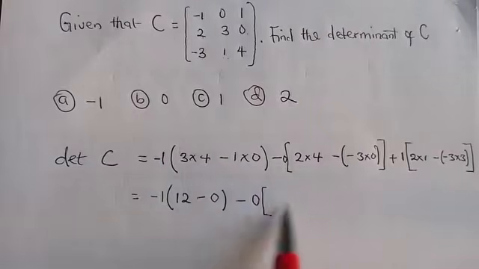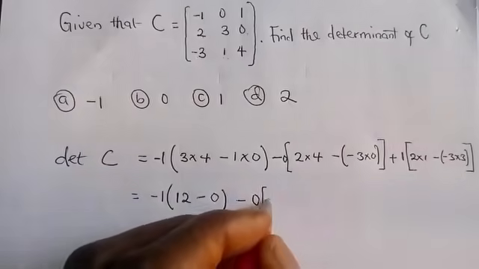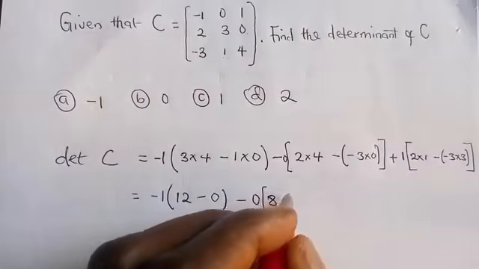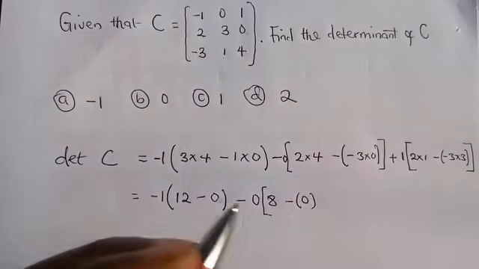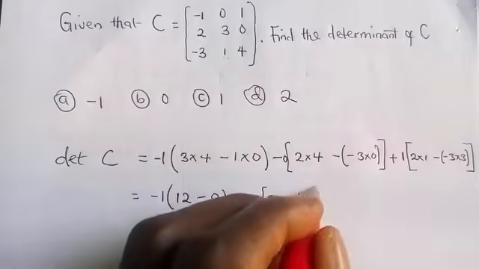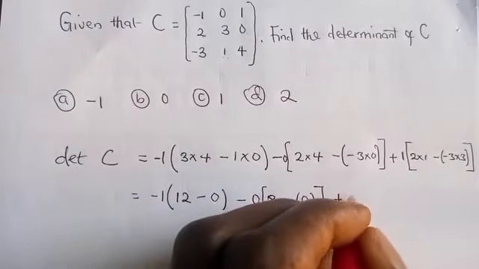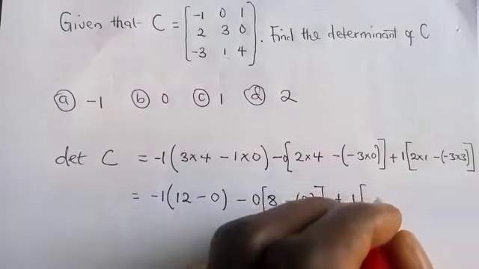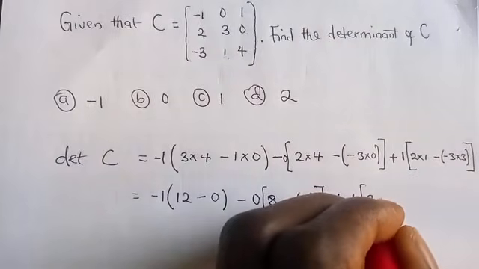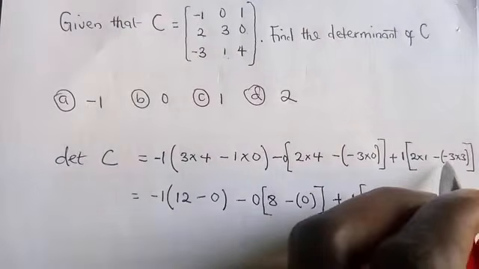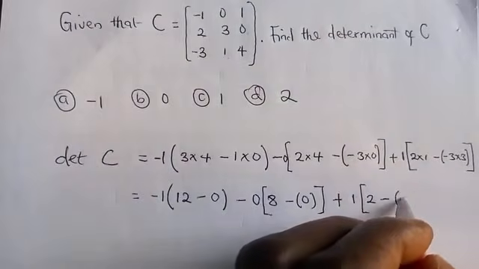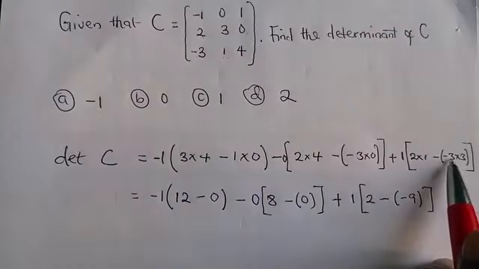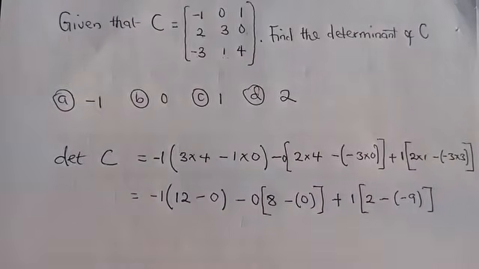So after this step, I'm going to equate all of this to 0. So we have 8 here minus 0. And we add this to 1 into 2 times 1, we have 2, minus 9, because minus 3 times 3 is minus 9.